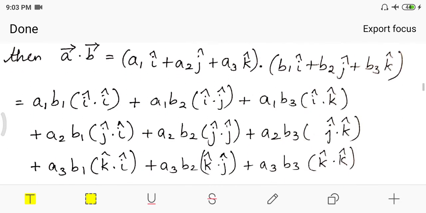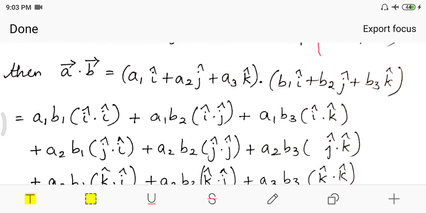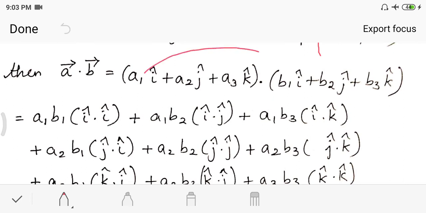Now we multiply, usual multiplication. A1 dot B1, A1 B1, they are scalar. A1 B1 times i dot i, then A1 B2 i dot j, A1 B3 i dot k.